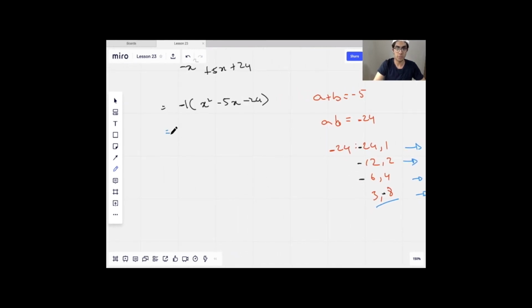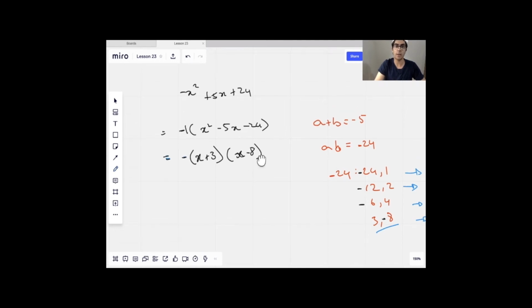So we have the minus out here, which equals minus, x plus 3, x minus 8. If you finish one of these and you want to check if you've got the factorization right, just expand it out and check. We leave the minus out here. We have x squared, minus 8x, plus 3x, minus 24.